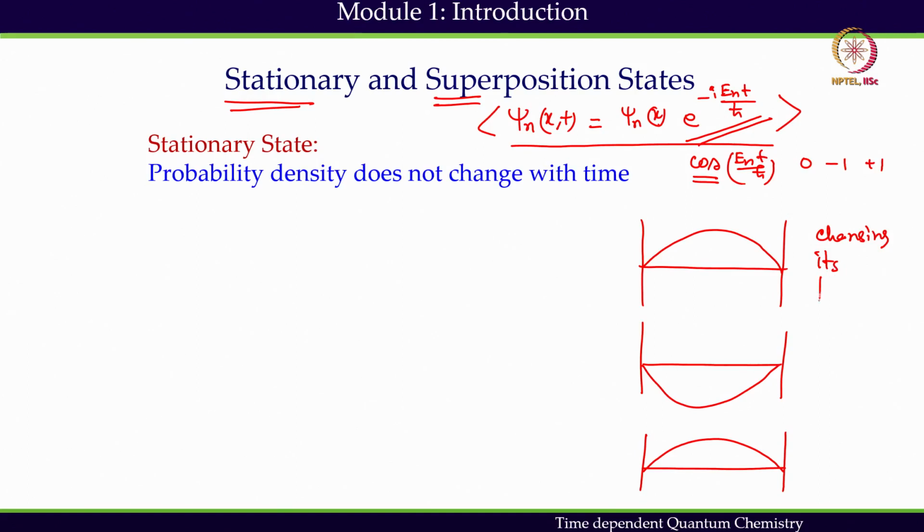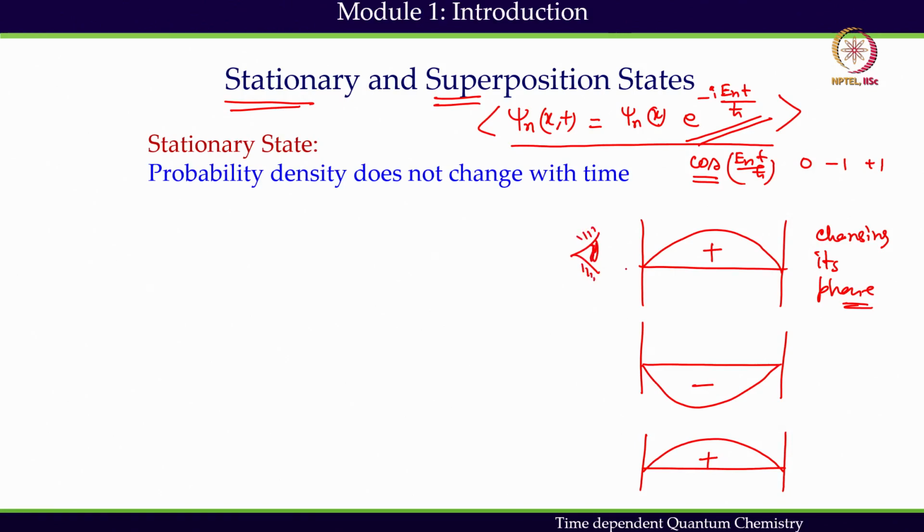Phase is some kind of color, one can say, some kind of sign. Let us say if it is above this bar, I get positive, if it is below it is negative, so the phase is changing. But as I mentioned before, the wave function is not something which we can directly observe through experiment.